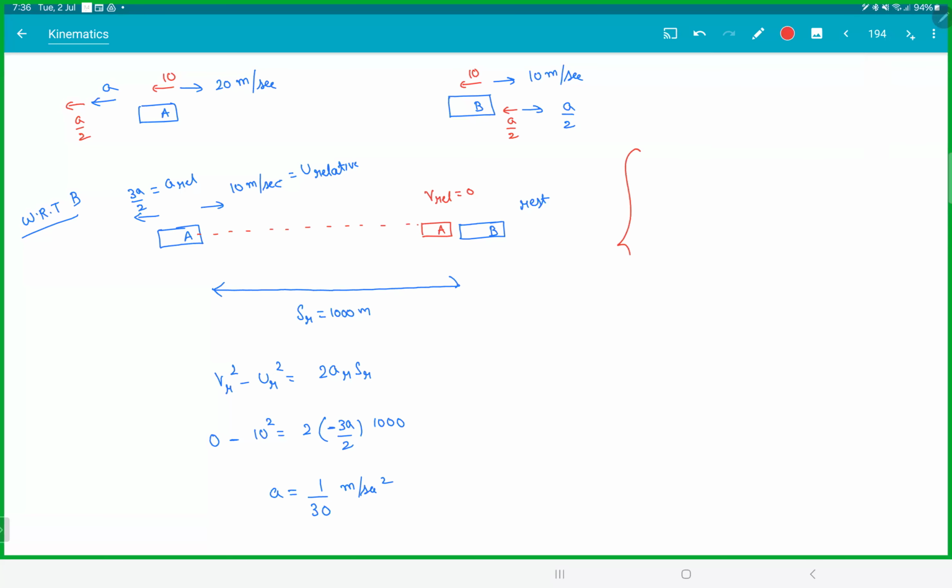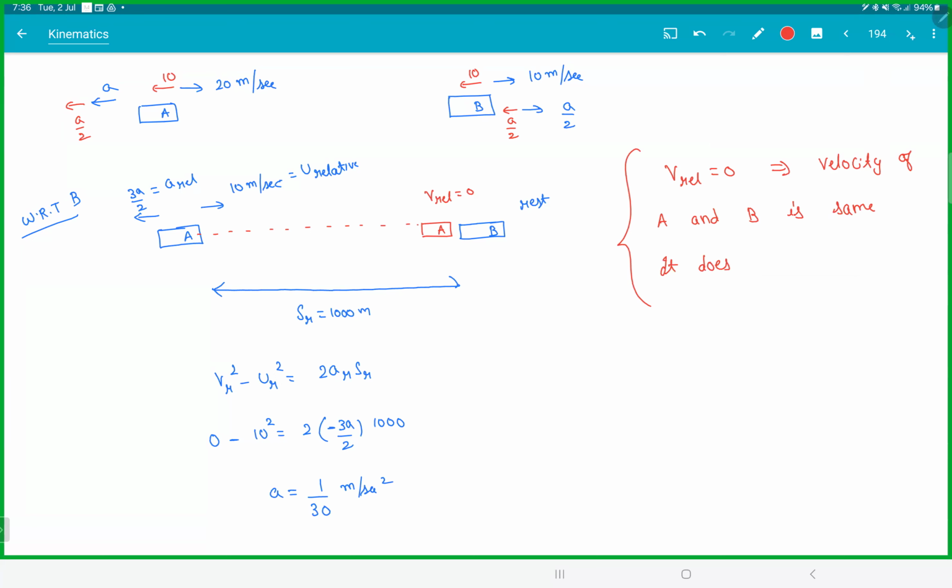Now be careful here. When we say v relative is 0, it implies the velocity of A and B has become the same. It doesn't mean A stopped. That's a mistake some people make. They think v relative 0 means the particle stopped. It doesn't. And it kind of makes sense also.